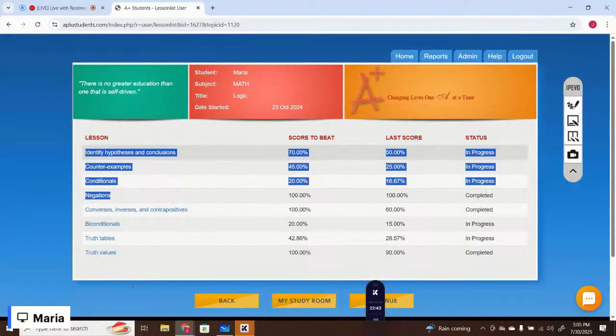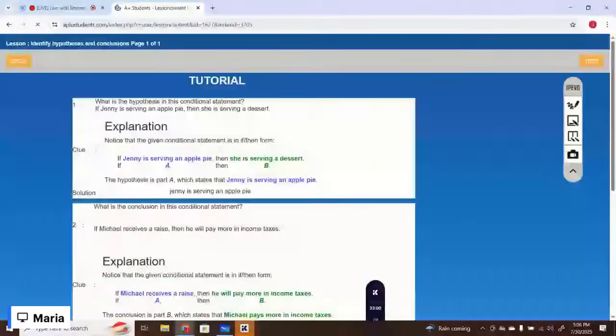So here I'm on the grade 10 math chapter, the chapter we're on. What is the hypothesis in the conditional statement?